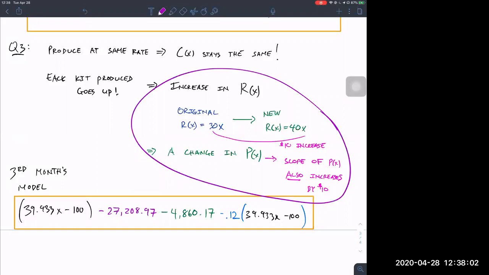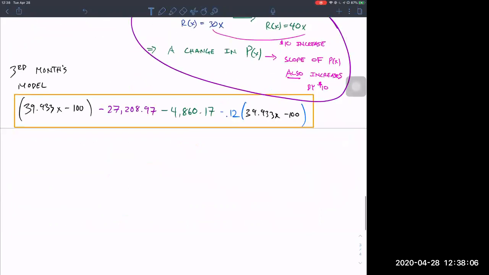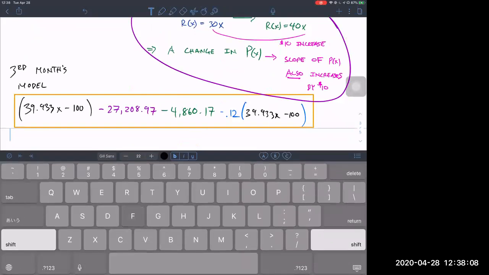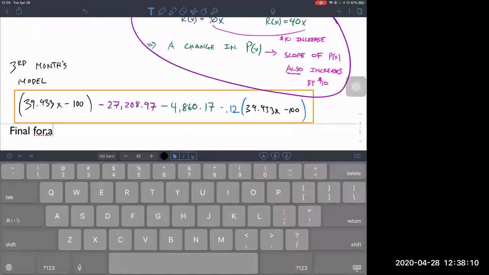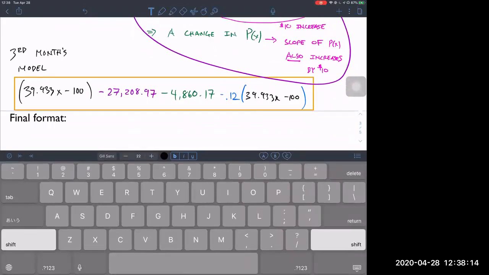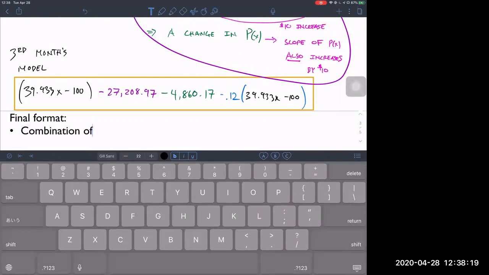Now, if there aren't any other questions for homework, let me talk about the format for the final. It's going to look something like this. So the first thing for sure is that it will be a combination of Blackboard entry, right?